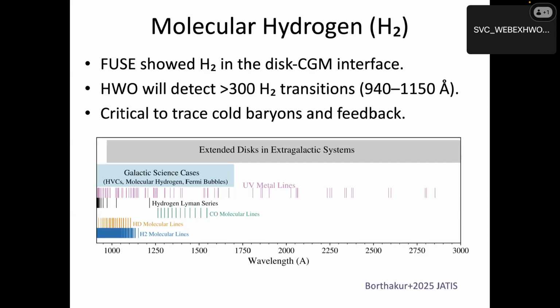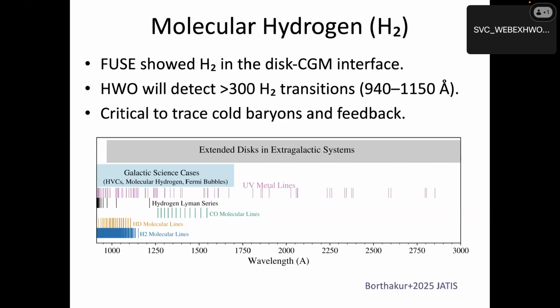Sometimes CO lines, deuterium lines, very important for nucleosynthesis. And of course, the molecular hydrogen line, which directly tells us how much molecular gas is there, not just CO molecular gas like JWST or CO measurements that give an indirect measurement, but we can directly measure the molecular hydrogen.